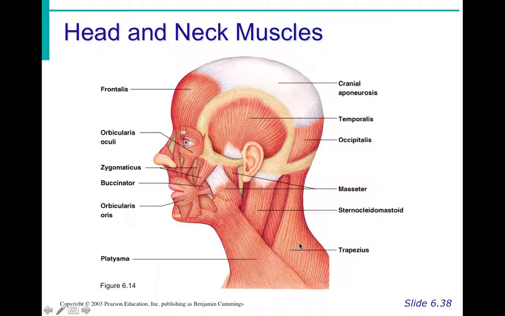So then we get back here, and this one's kind of tricky because I throw him in with face and neck muscles, but really he's kind of a back muscle, he's kind of a shoulder muscle, he's all over the place. This guy right here that runs all the way up to that occipital bone is called the trapezius. The trapezius does a lot. It elevates the scapula, so it can actually lift your scapula up, like if you shrug your shoulders. It can also adduct your scapula, so pull them together on your back.